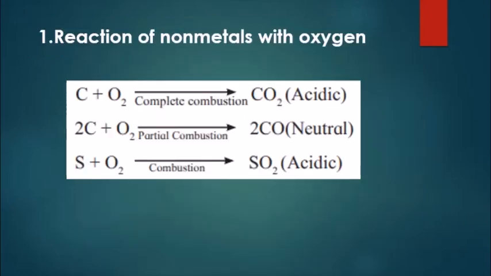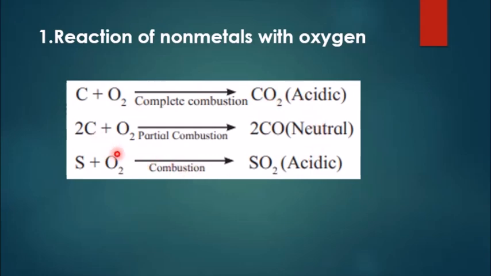The first chemical property of nonmetals is the reaction of nonmetals with oxygen. What happens when nonmetals react with oxygen? They can form either an acidic oxide or a neutral oxide. Both can be formed. For example, when carbon combines with oxygen, it forms carbon dioxide, which is acidic.